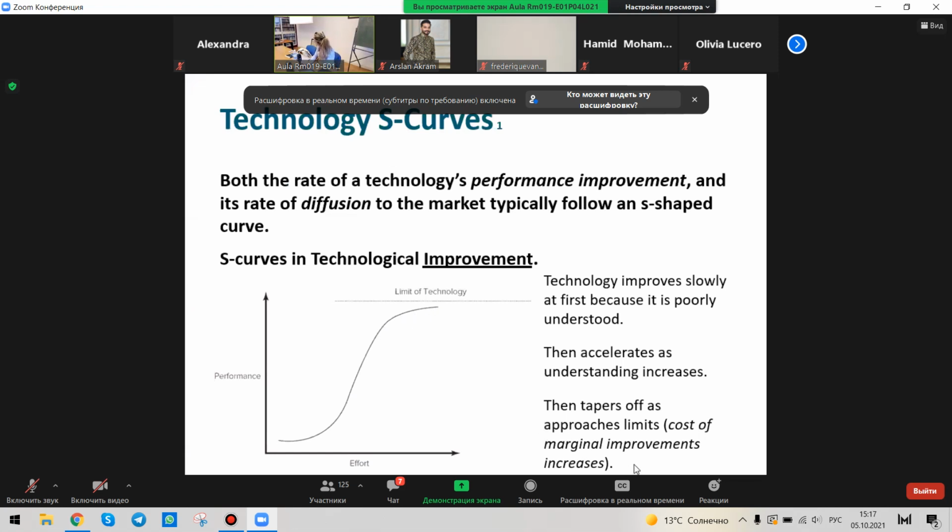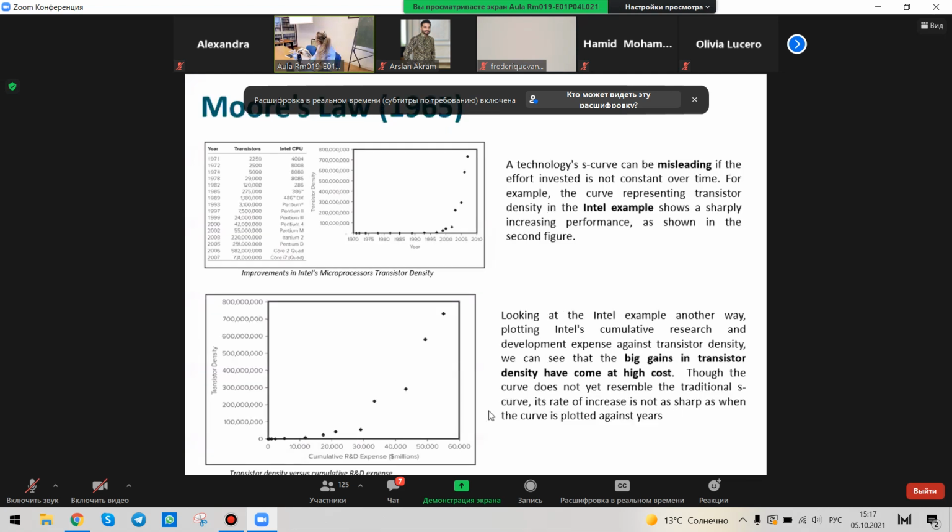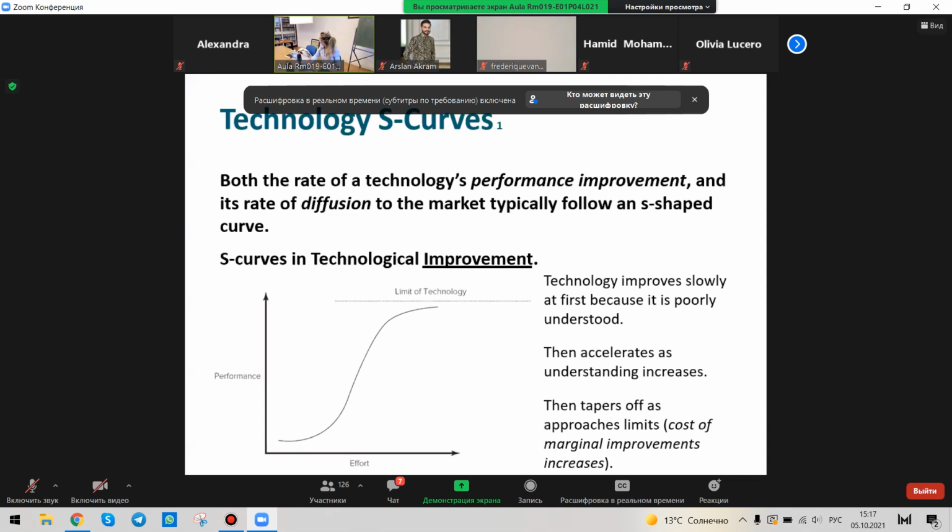And we also have here that the cost of marginal improvements increases. This means that, okay, is it clear? If we have here that the expenses grow, each marginal improvement in technology has a higher impact, okay, on the R&D expenses. And this is why this curve flattens, okay?